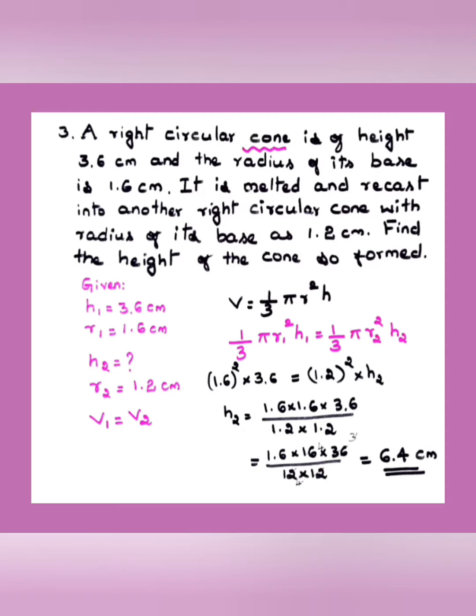Hence you made these 2 whole numbers. Same way for the next one also. 1.6 you can write as 16 by shifting 1 point. Denominator also you have to shift 1 point. 1.2 can be written as 12. So like this you can simplify. It will be easy for calculation. If you can directly cancel, no problem. Then you simplify this. On simplifying, we get the answer as 6.4 centimeter. Therefore, the height of the new cone is 6.4 centimeter.